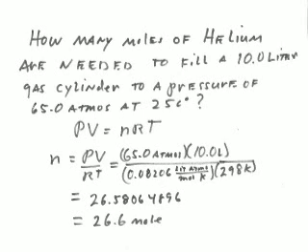We're solving for moles, so we have to use the 0.08206 liter atmospheres mole K version of R. We rearrange our PV equals nRT to solve for n, and we get the answer of 26.58064896, or in other words, 26.6 moles of gas are needed to fill the cylinder.